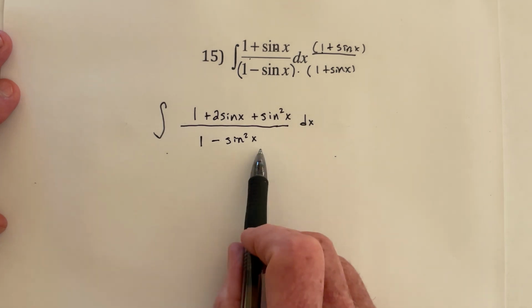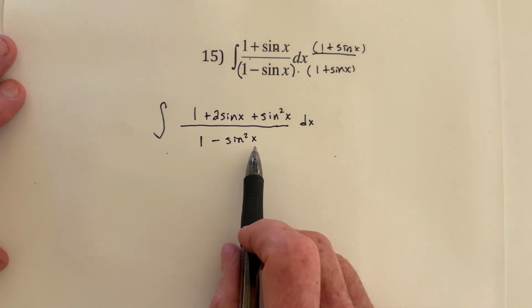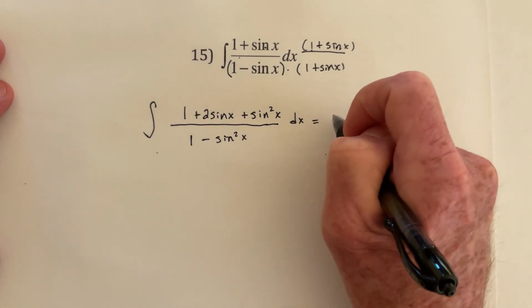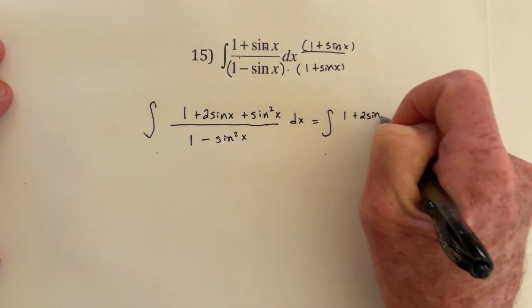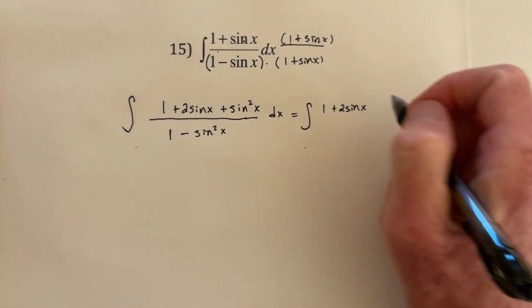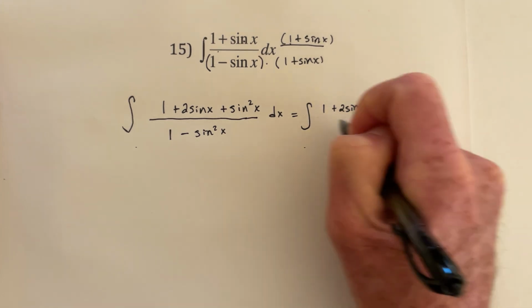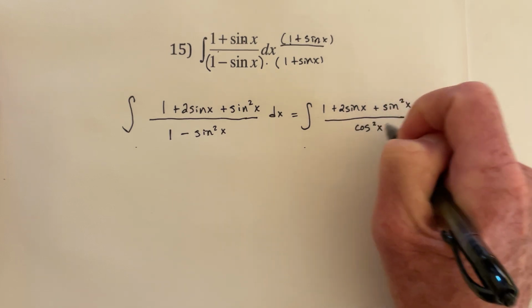And now this can be simplified because 1 minus sine squared is cosine squared. So I can rewrite this as the integral of 1 plus 2 sine x plus sine squared all over just cosine squared.